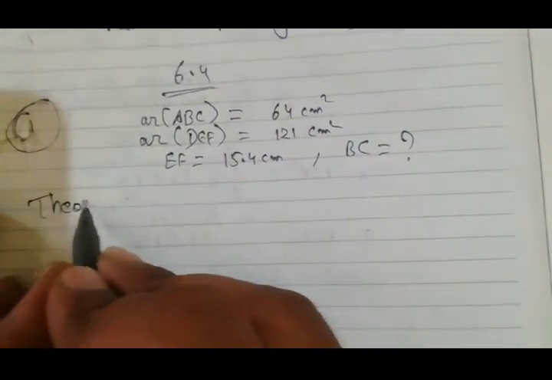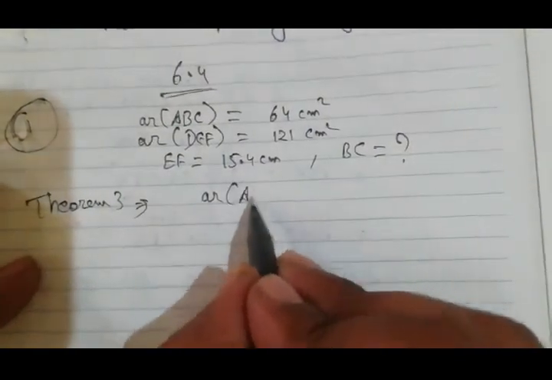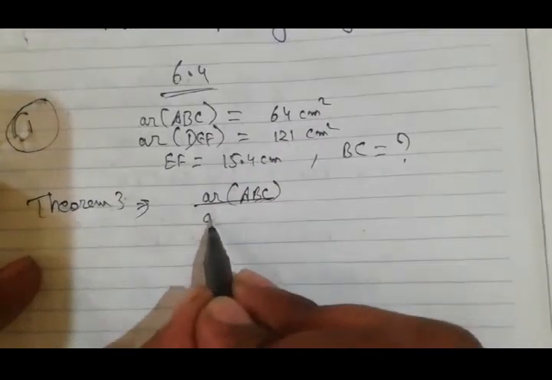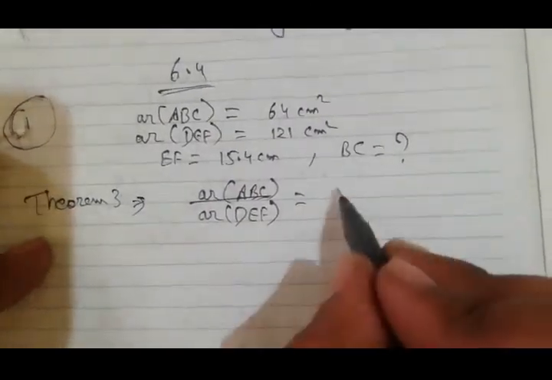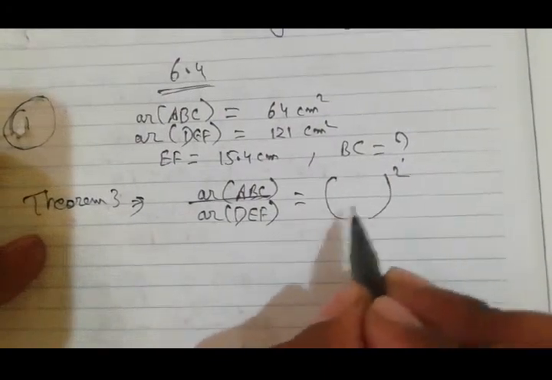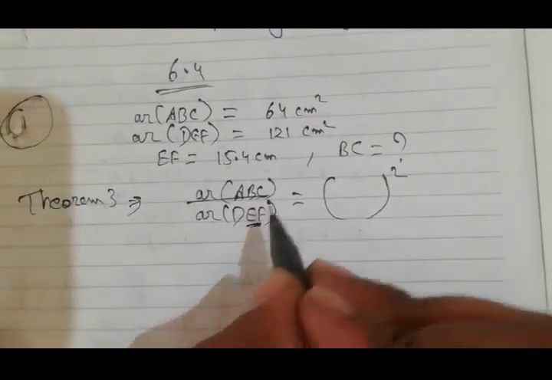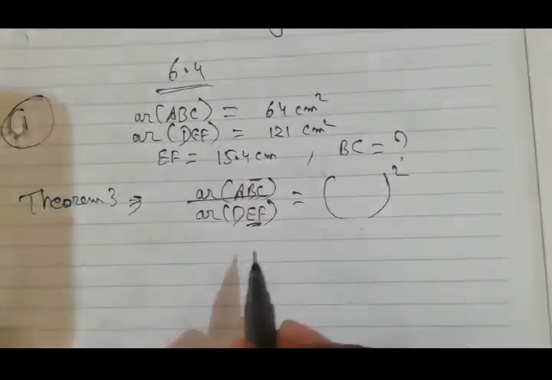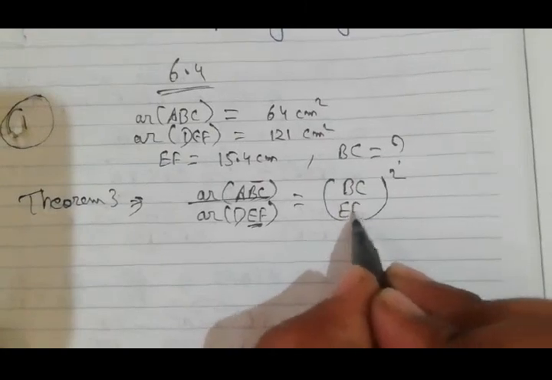So by the third theorem, area of ABC divided by area of DEF is equal to the square of the ratio of their corresponding sides. So EF corresponds to BC, so here we write BC upon EF whole square.